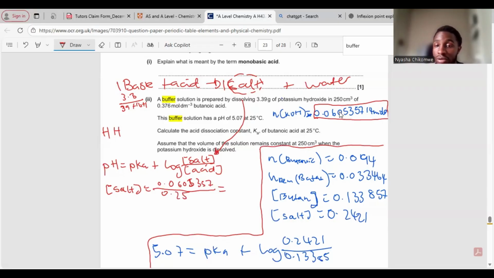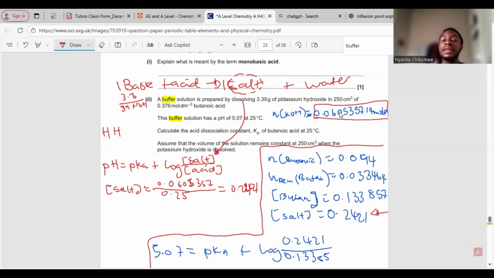I calculated that concentration to be 0.2421. That's the concentration of the salt.